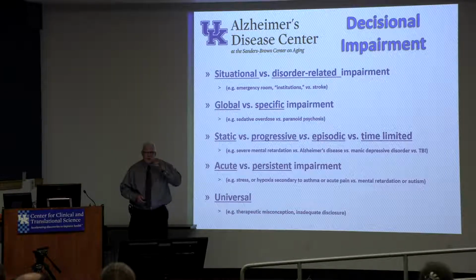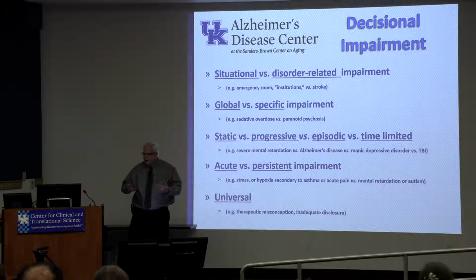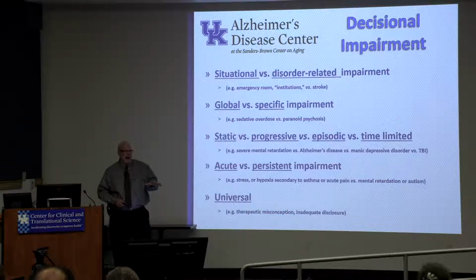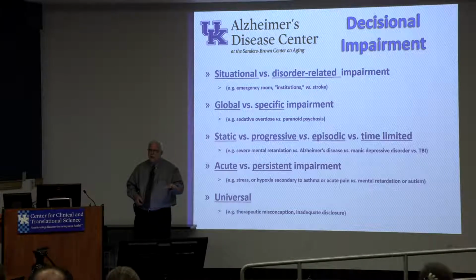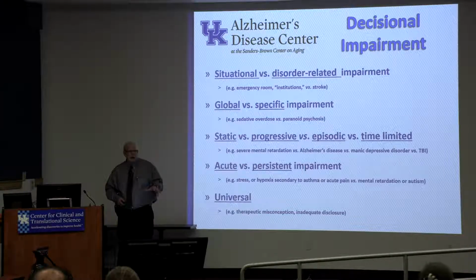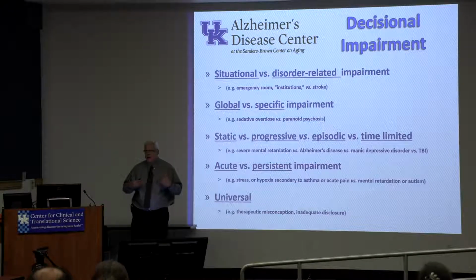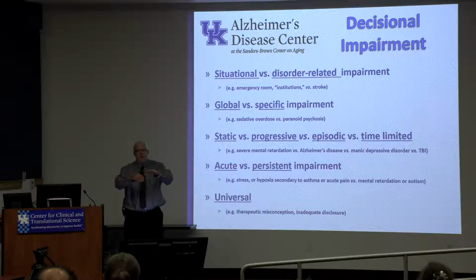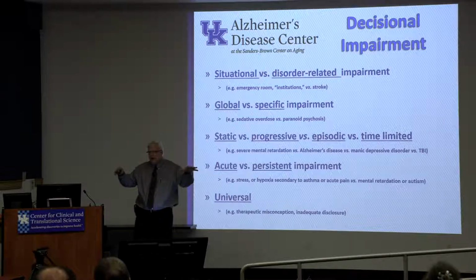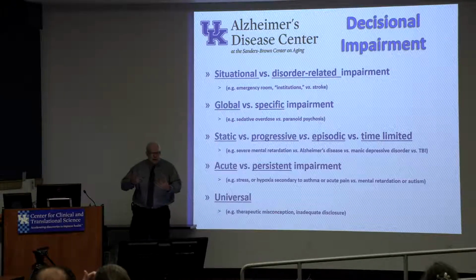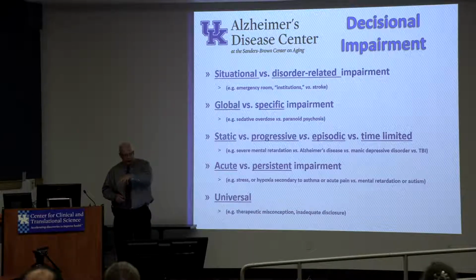So we can think about decisional impairment in many different ways, and I really enjoyed helping to rewrite the decisional capacity guidelines, because prior to this exercise in 2007, it was really my research in the area of Alzheimer's that was almost exclusively picked on by the IRB for capacity issues. And now I've been able to spread that misery out amongst the university, so we all shoulder a little burden here.